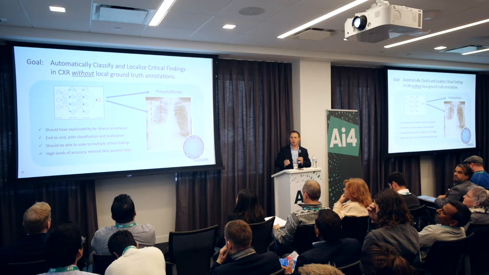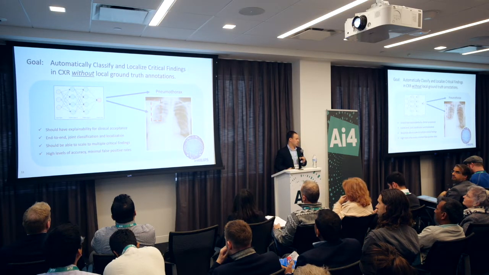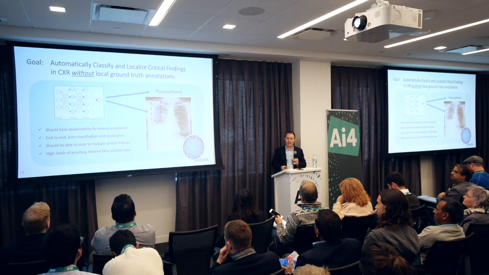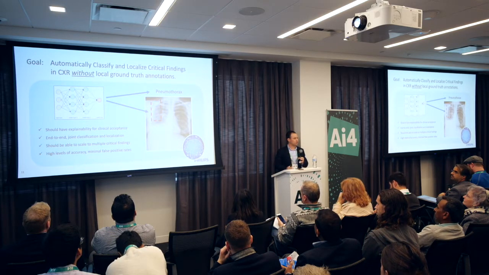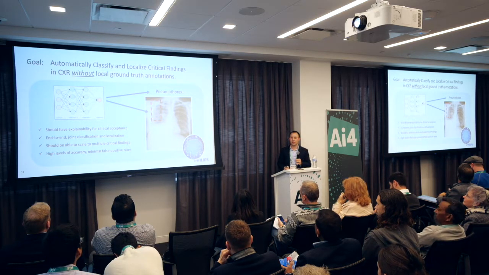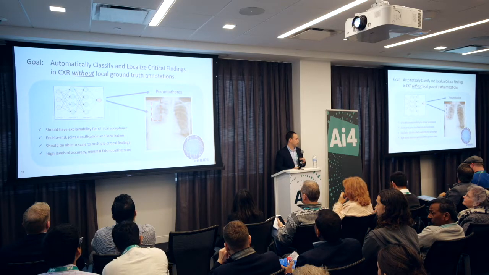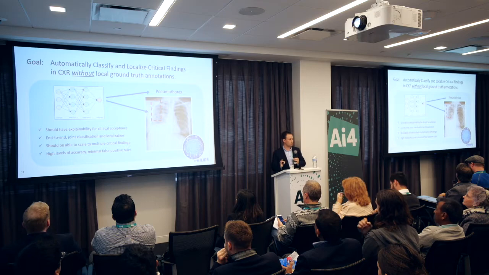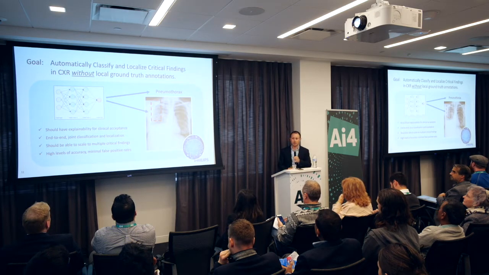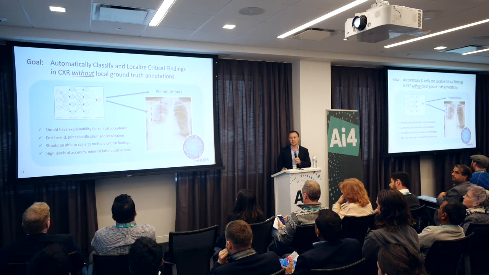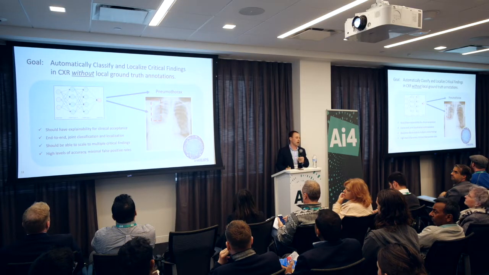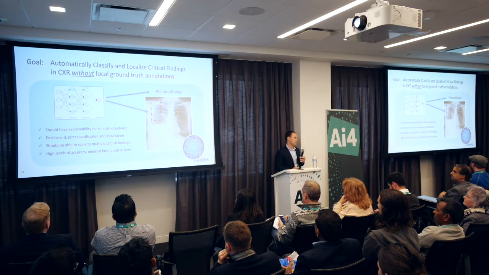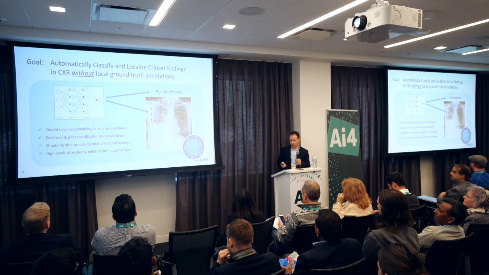We don't just care about pneumothorax, we care about all of the ailments that can happen in a chest X-ray. And in theory, this should scale to different modalities, like breast exams that we just saw before. So it shouldn't be so specific to a single modality that that's all we can deal with anymore. And as I said before, we really care about high accuracy, minimizing false positives, false negatives.